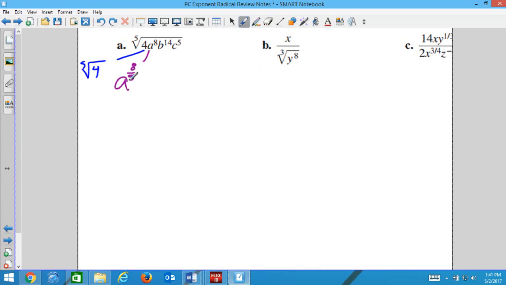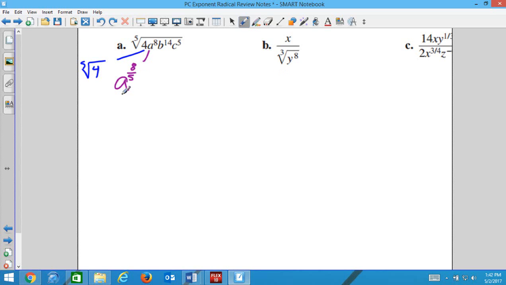Does 5 go into 8? It does. If we're thinking like mixed numbers, how many times does 5 go into 8? 1 with a remainder of 3/5, right?